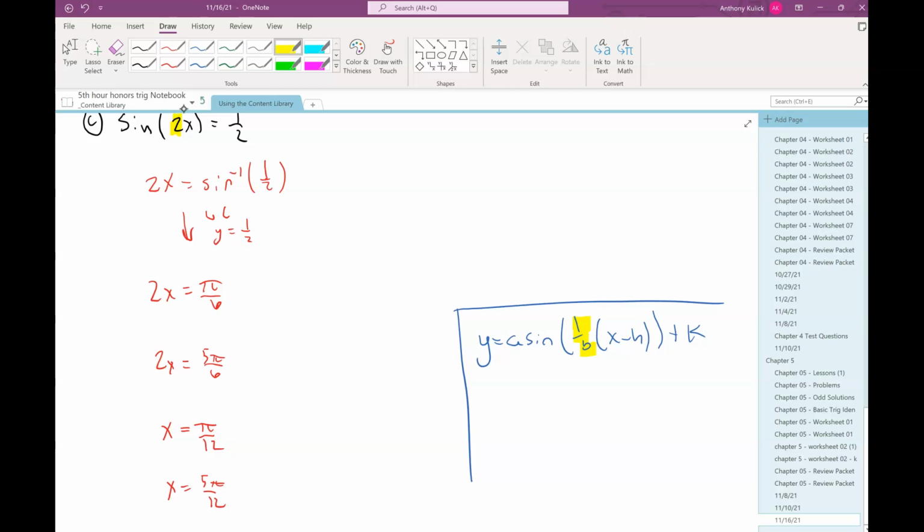How does that 1 over b part, or in this case a 2 on our x, affect the graph of this equation? Oh, it affects the, like the horizontal stretcher. Great, it performs a horizontal stretch or shrink. And what attribute of the graph does that change? Makes it look longer. So it'll change the period, right? By making the graph longer or shorter.